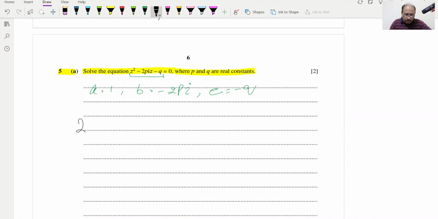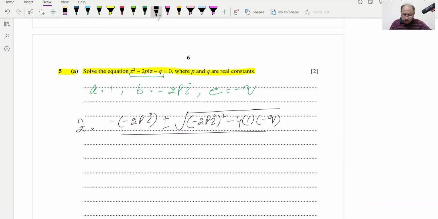So z value will be equal to minus b plus minus square root of b squared minus 4ac, where b is minus 2p iota, a is 1 and c is minus q, over 2a, and 2a is 2.